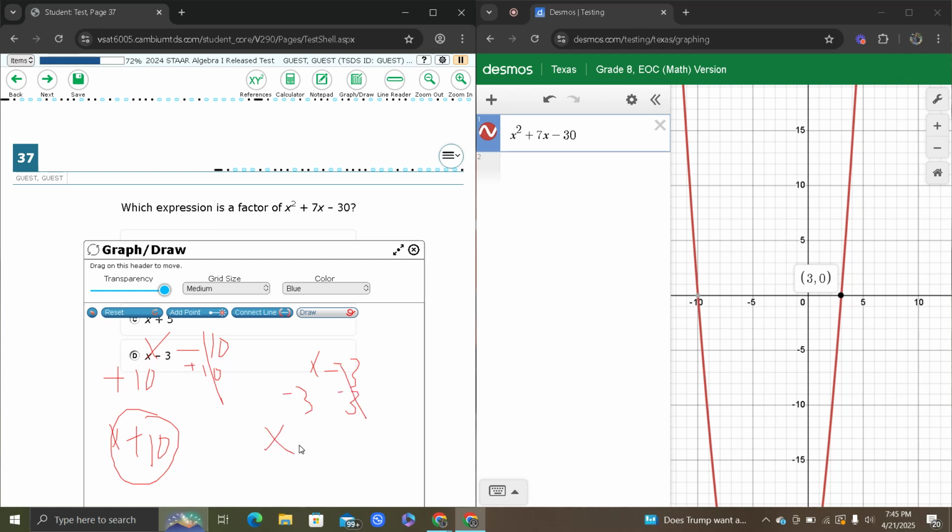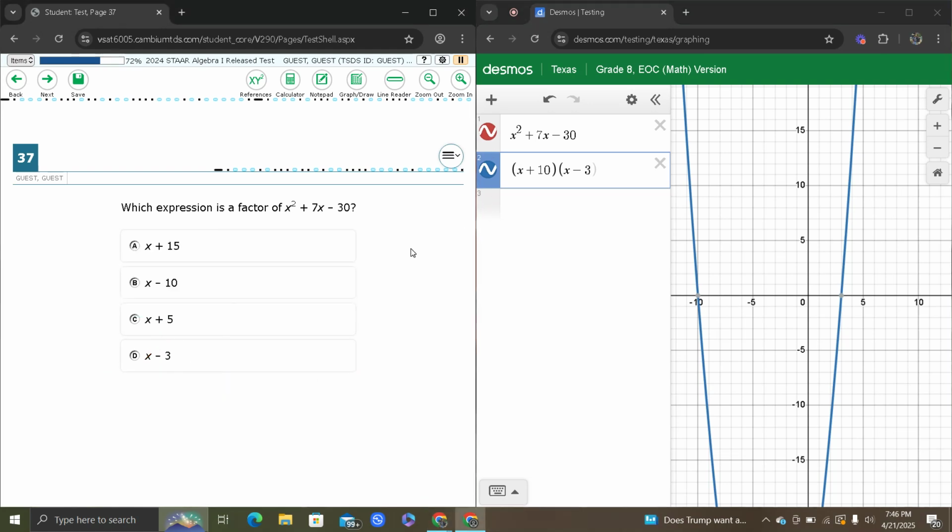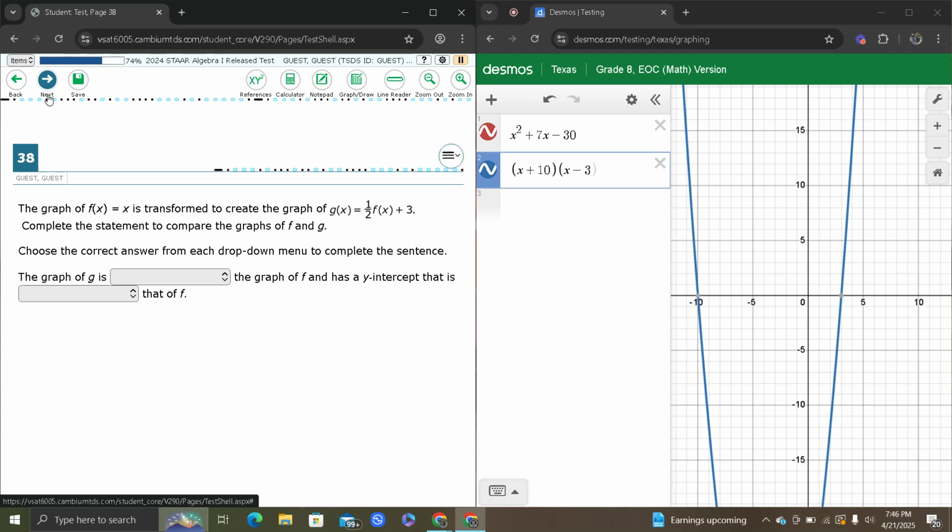The opposite of positive 3 is negative 3, so then you get x minus 3. So that's one of your factors. x minus 3 and x plus 10. If you want to check if this is right, all you do is type in x plus 10 and x minus 3, and they match up in Desmos. So therefore, x plus 10 and x minus 3 are your factors. So it was D. That one is easy. You have to do it backwards.